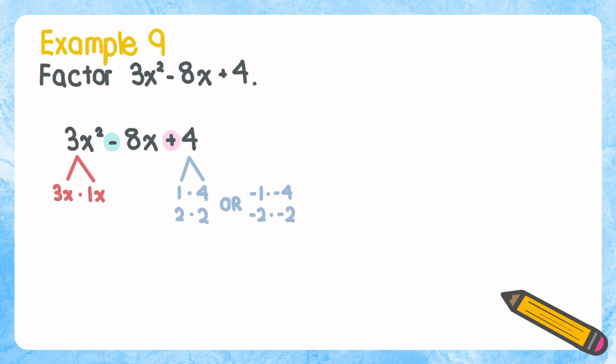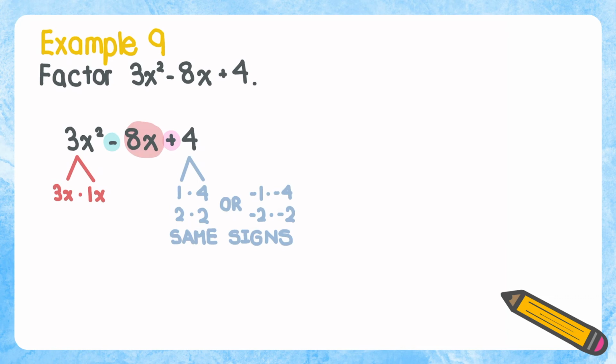And if you notice, since the constant is positive 4, the two factors would have to be the same sign, because a positive times a positive is a positive, and a negative times a negative is also positive. And so be careful about the signs when you work with these problems.